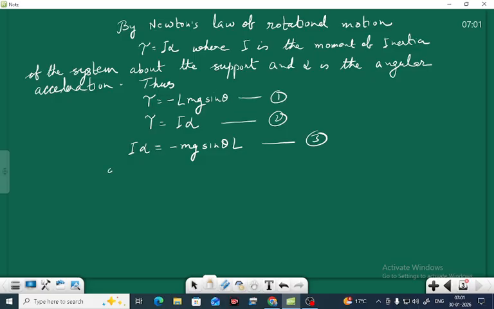Or alpha can be written as alpha is equal to minus mgL by I into sin theta. We can simplify equation 4.